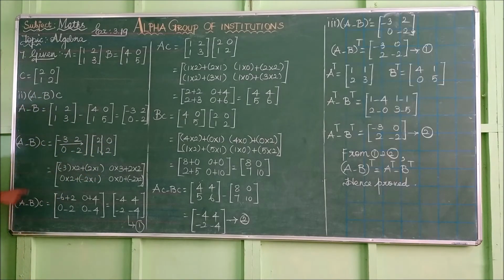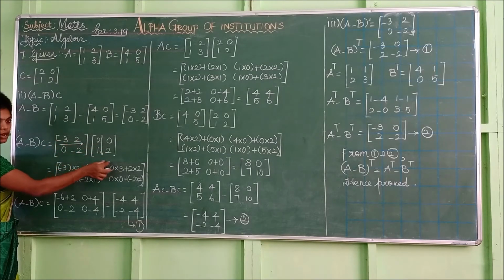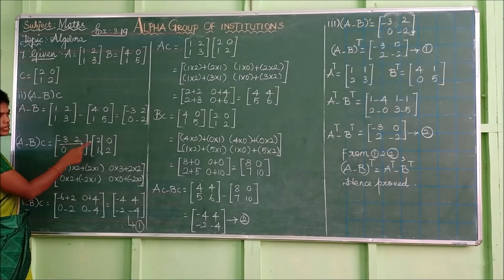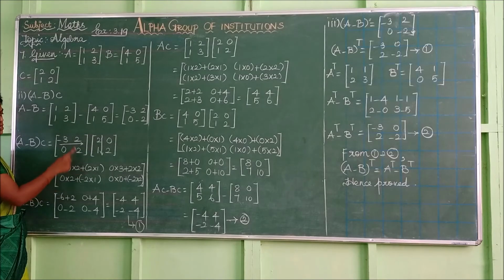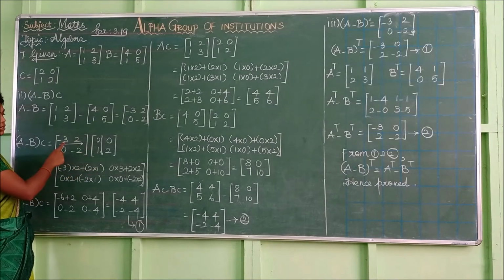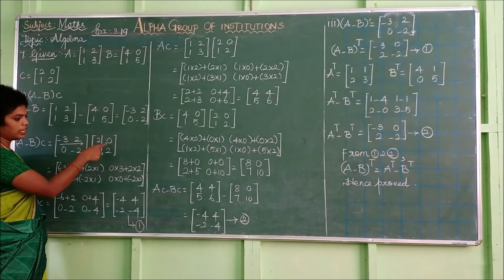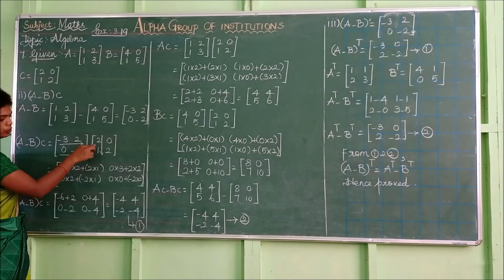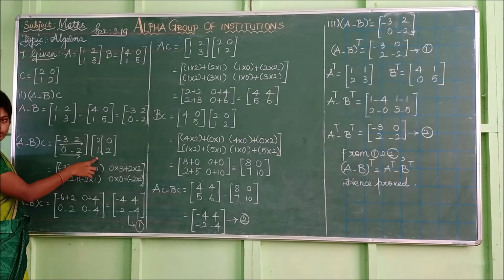Here we are going to do the multiplication. In matrix multiplication, you multiply the first row into the first column, then first row into the second column, second row into the first column, second row into the second column. So listen, minus 3 into 2 plus 2 into 1.